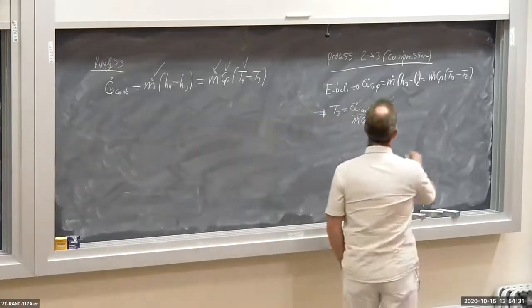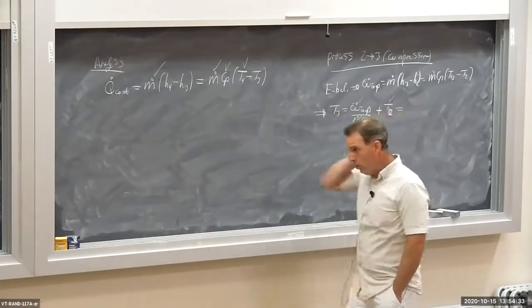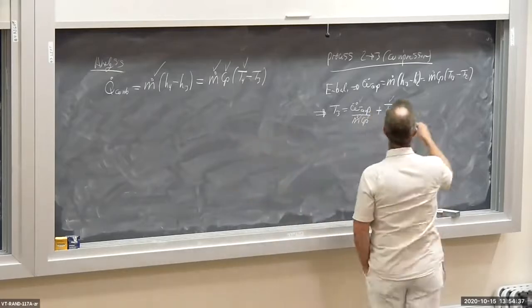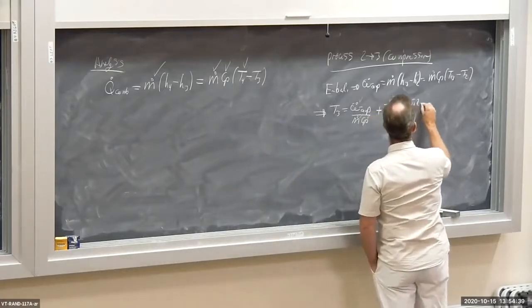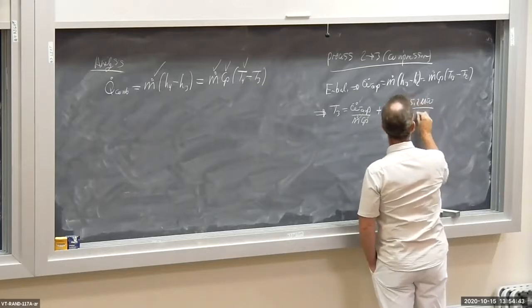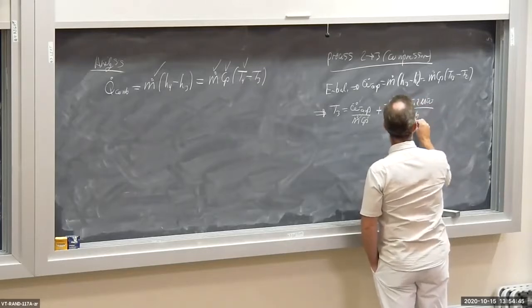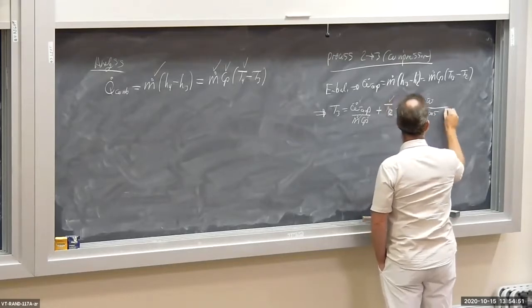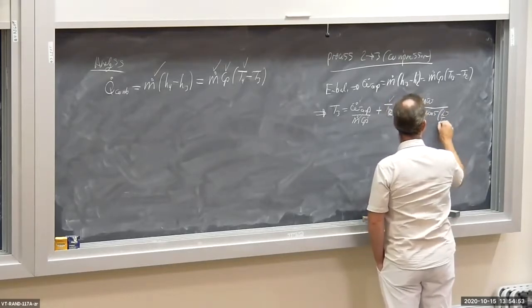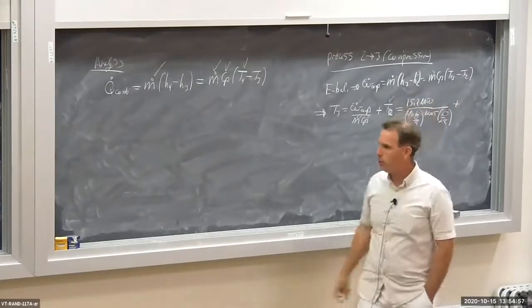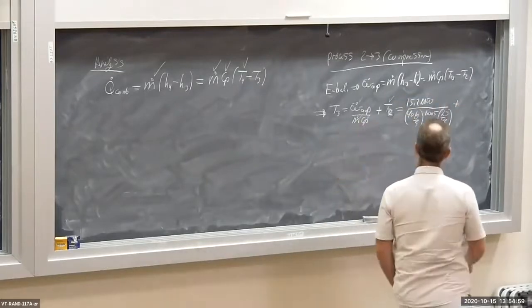I got everything. So, 15.2 megawatts divided by 40 kilograms per second, and then I have Cp, which is 1.005 kilojoules per kilogram Kelvin, and T2, which is 291 Kelvin.